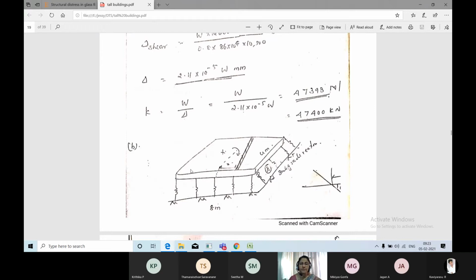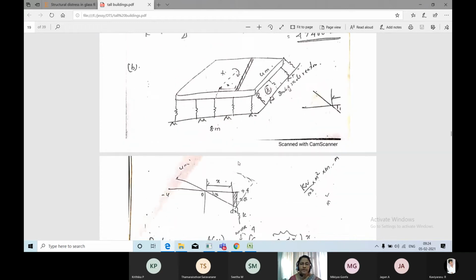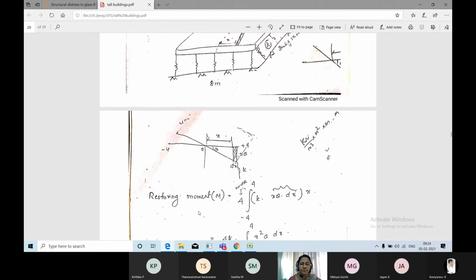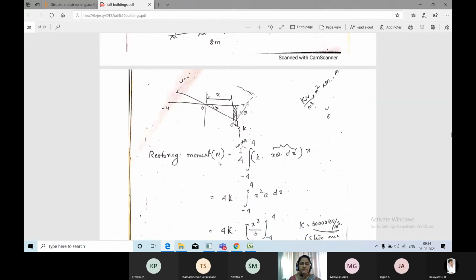So for that, I can take a small strip and find out the restoring moment. If I take a small strip at a distance of x from the center of the foundation, and theta is the rotation, I can find the restoring moment as an integration.